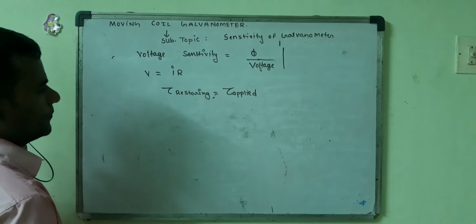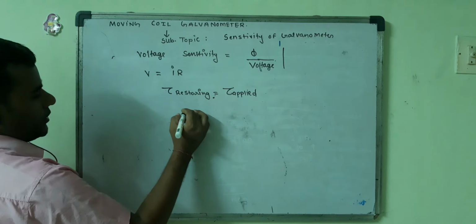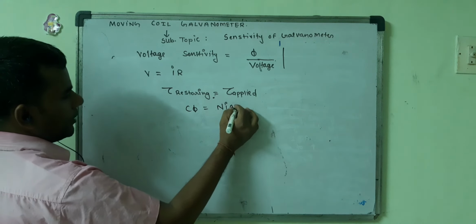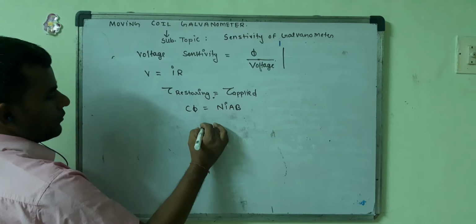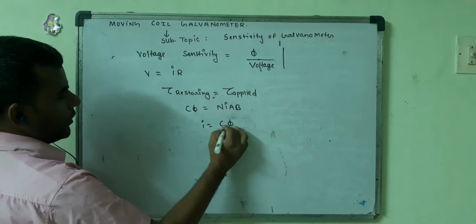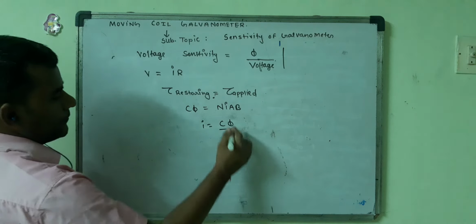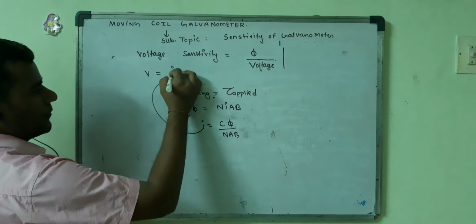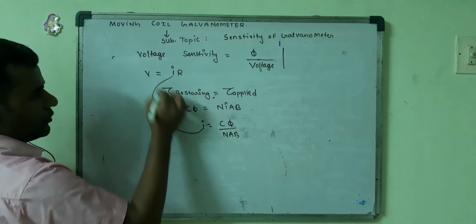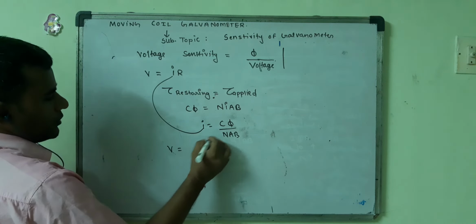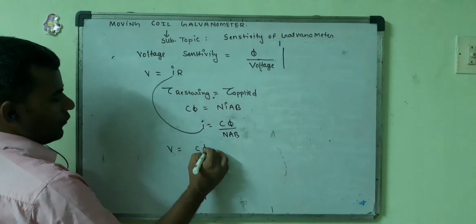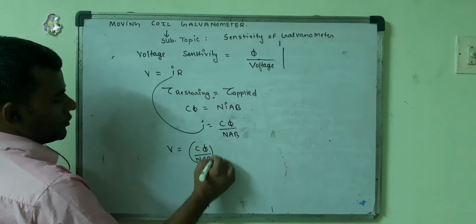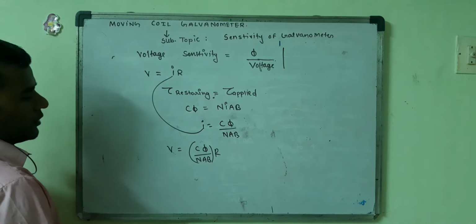So C phi equal to N I A B. So I equal to C phi divided by N A B. We'll put this value of I here. So V equal to C phi over N A B, into R. Okay, we got this value.